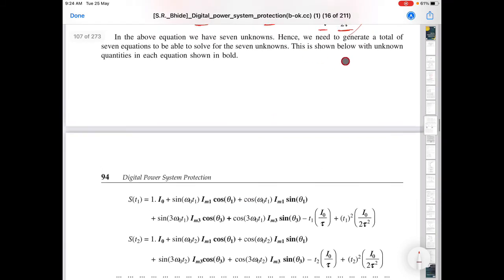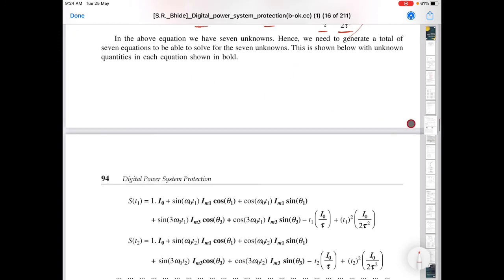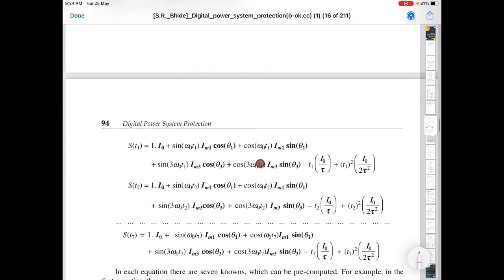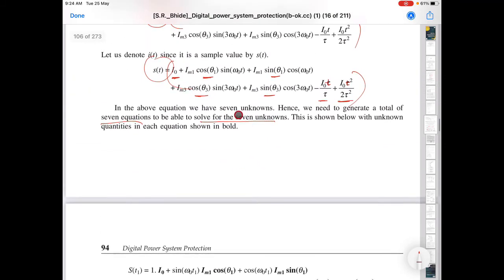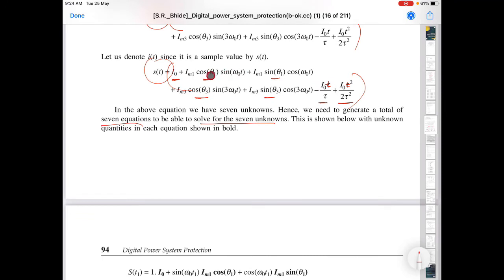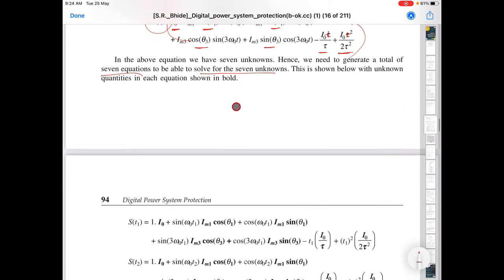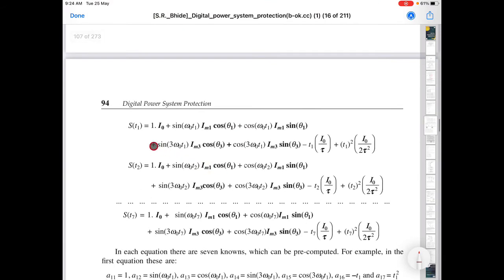To calculate 7 unknown terms we should have 7 equations. So 7 equations to solve 7 unknowns. So how to get 7 equations? At t1 time 1 equation, at t2 time second equation, at t3 time third equation, and so on. So up to 7 we have done it. So 7 unknowns, to solve 7 unknowns we should have 7 equations, that's why 7 equations are generated.